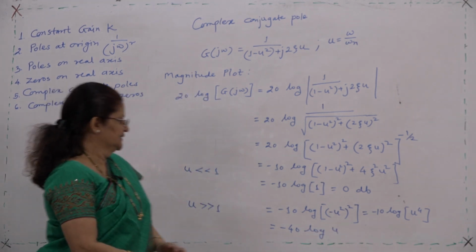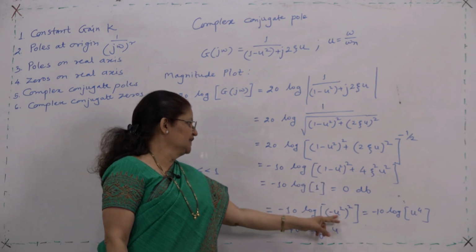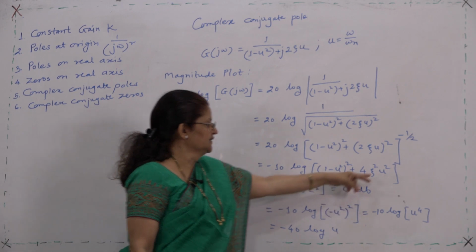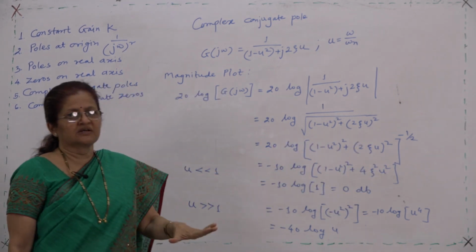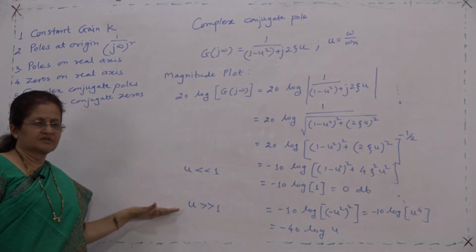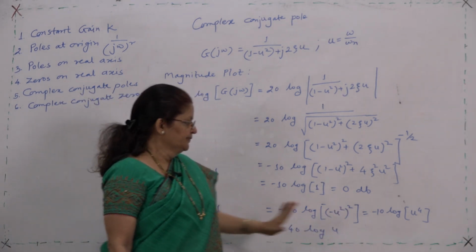Check it. As u is far greater than 1, neglect 1. So, you will get minus [u square] bracket square. As the u raised to 4 term is there, u square is negligible. So, neglect that. This is an approximation. We are considering this for drawing the asymptotic plot. Okay? So, you will get here minus 40 log of u.